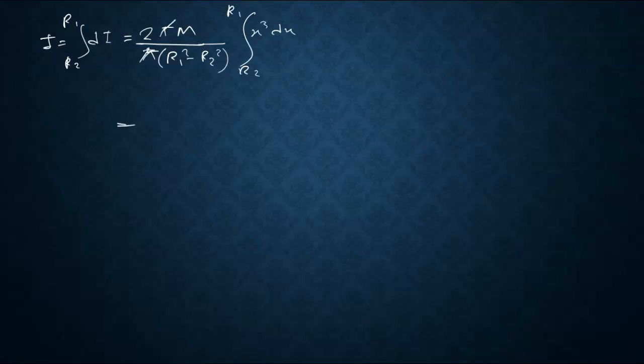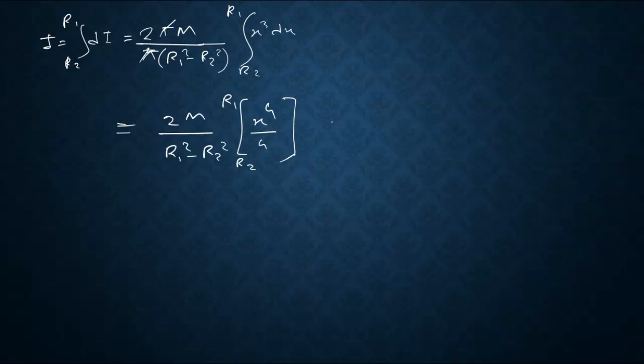So pi and pi cancel, giving 2m by (r1 square minus r2 square) times x to the 4 by 4, taking the limits from r2 to r1. That equals 2m (r1 to the power 4 minus r2 to the power 4) by 4, and here we have (r1 square minus r2 square).